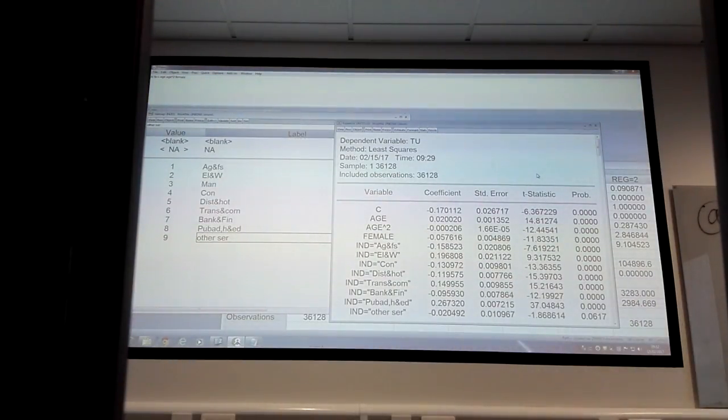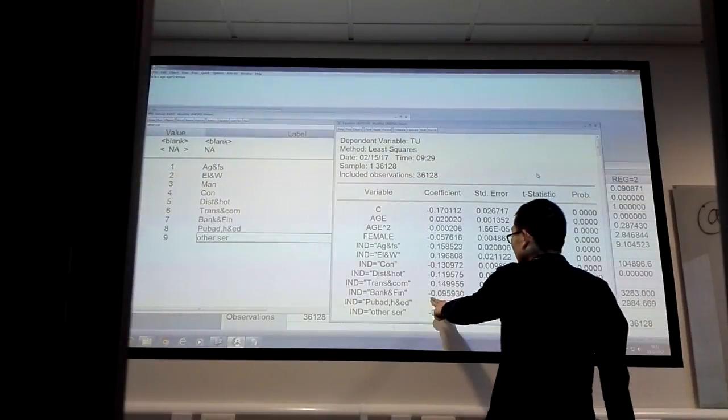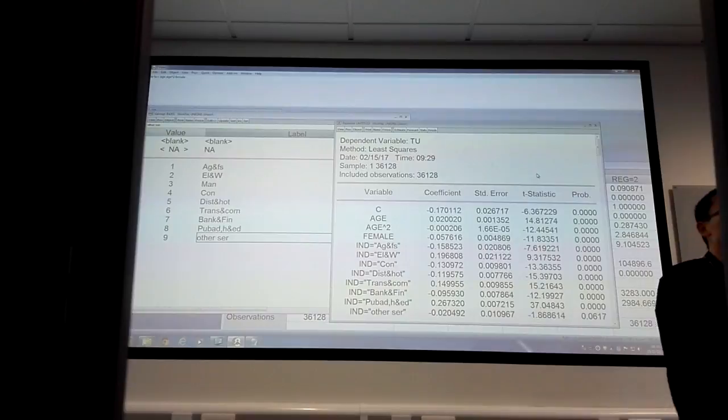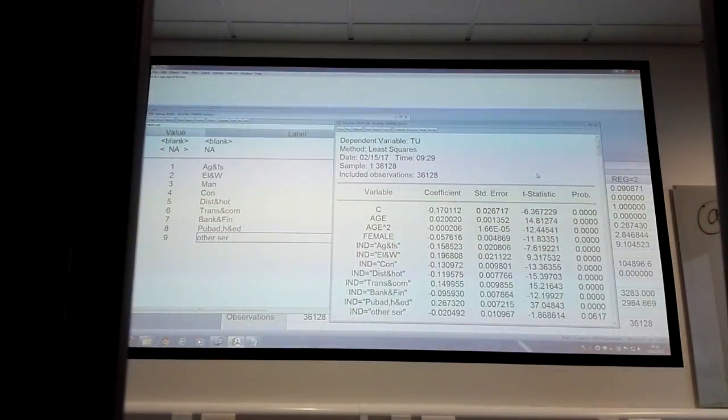So similarly, I could interpret it as the bank, the financial sector. You can see it's slightly negative, about 9%. So the interpretation would be compared with the cohort.